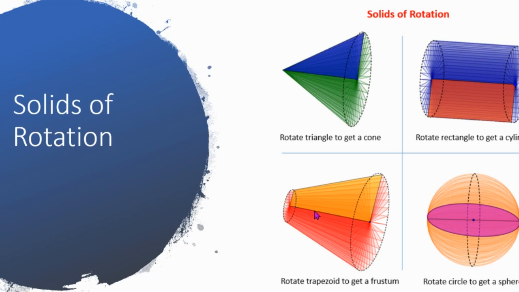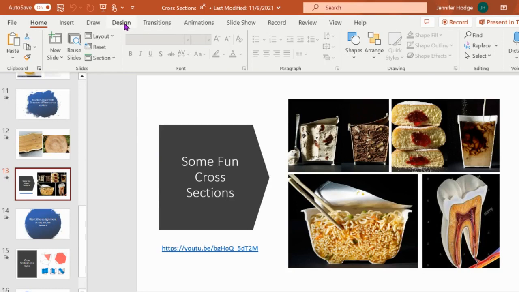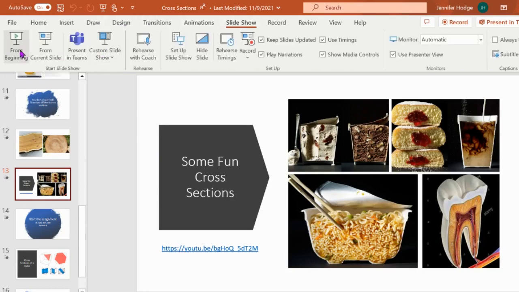This weird trapezoid shape, if this is my pole and I spin it on my pole, I'm going to get this thing, which is apparently called a frustum. Okay. And then if I take this and I spin it, I get a sphere. You don't have to draw these. We're just practicing visualizing.